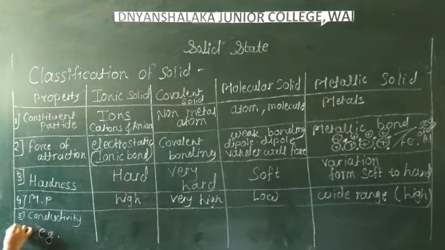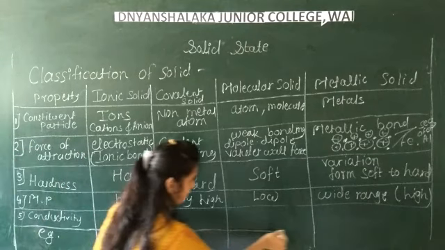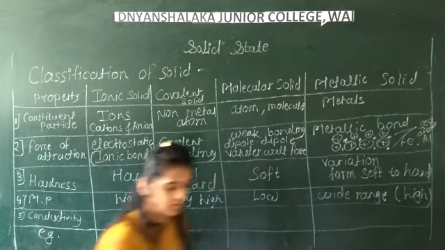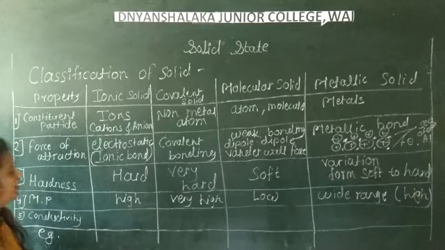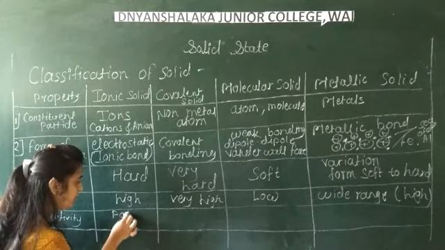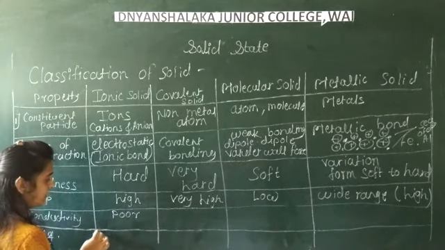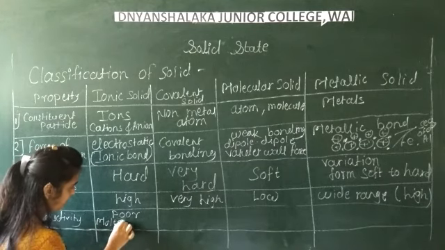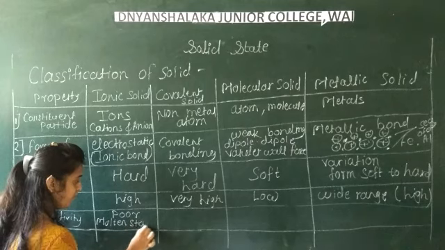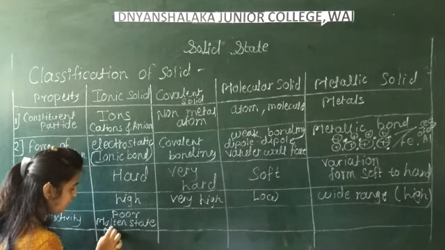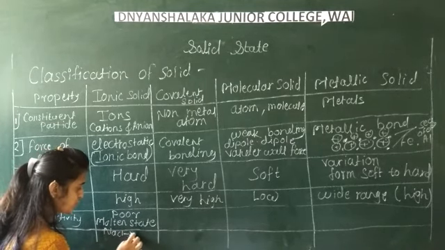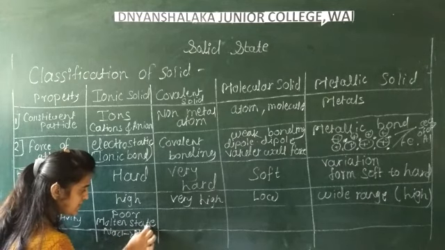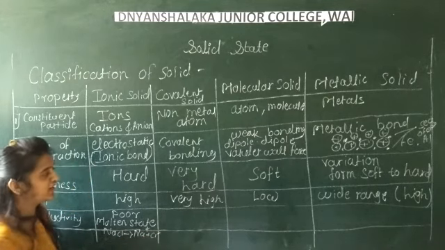Next, conductivity. Conductivity in ionic solids is poor, but an exceptional case is the molten state, meaning NaCl dissolved in water shows Na+ and Cl-, so it shows conductivity.